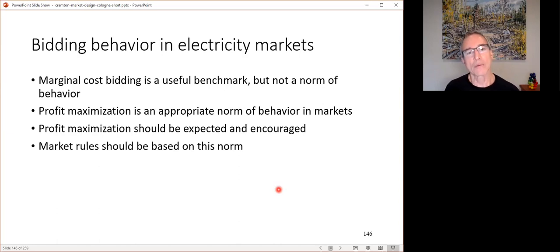Okay, so let's talk a bit. Another application of this is to electricity markets. And I just want to show a few pictures that illustrate this phenomenon of bidding in a uniform price auction. In this case, the generators bidding in the electricity markets are suppliers.